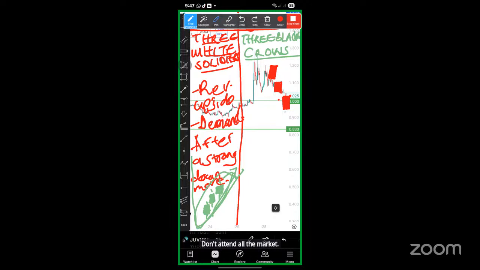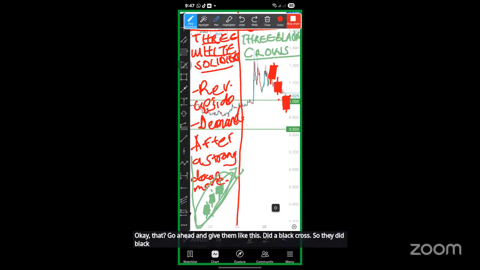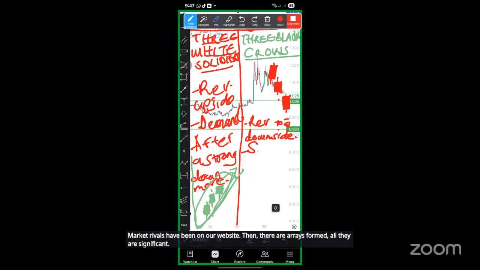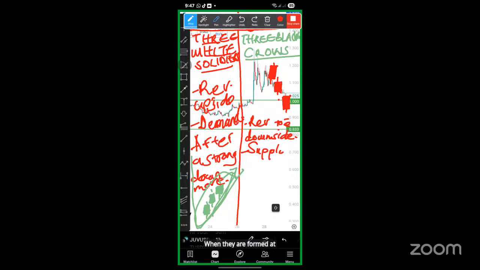So the 3 black crows indicate a market reversal to the downward side. They are significant when they are formed at the supply zone.